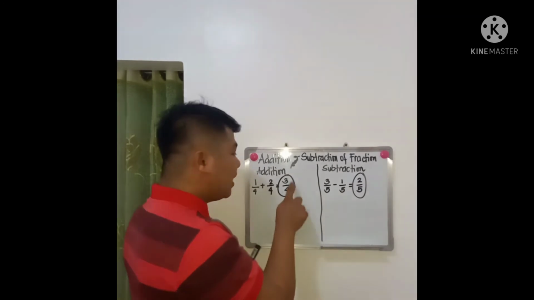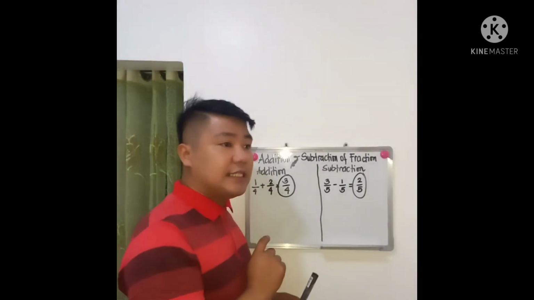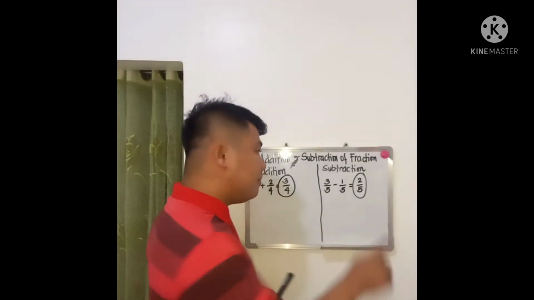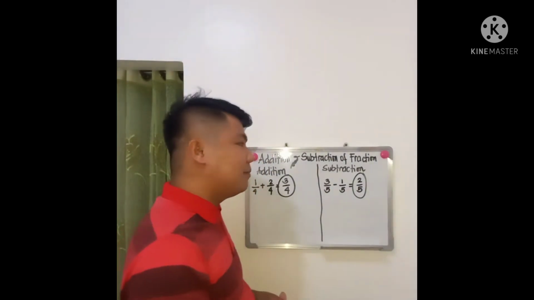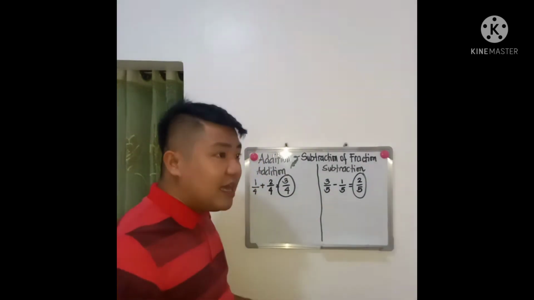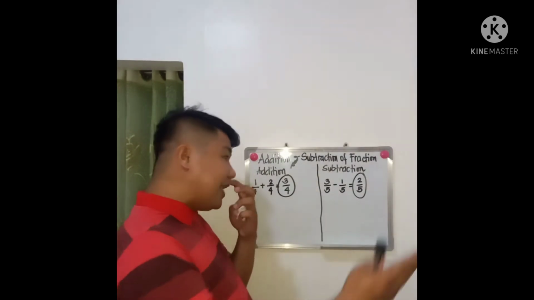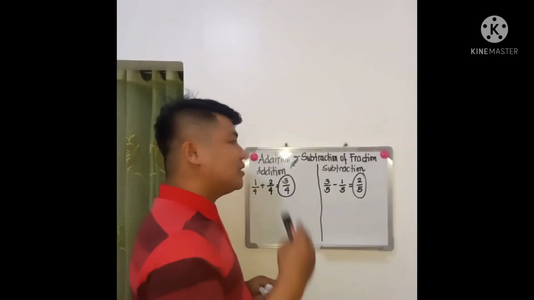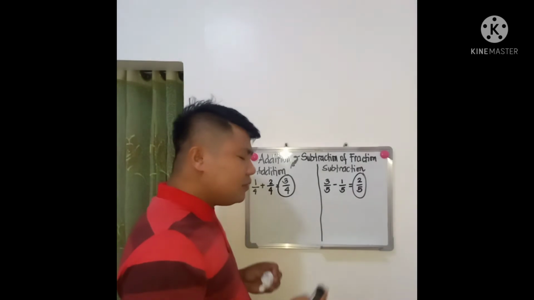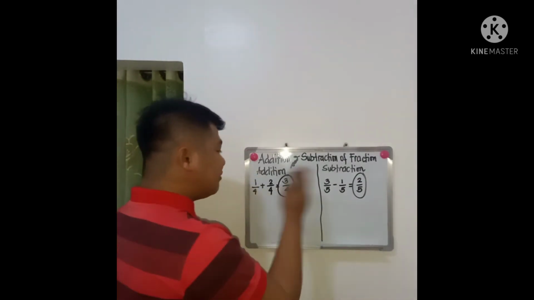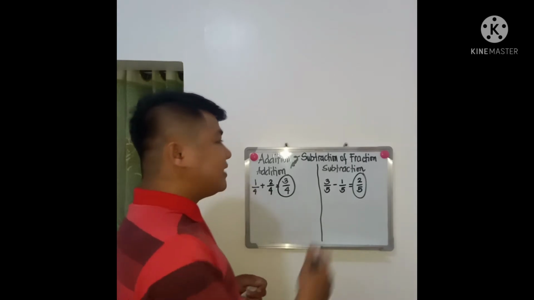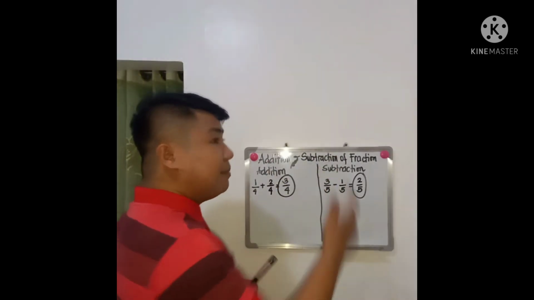So, in this case, 3/4 is already in the simplest form or lowest term, and 2/5 is also in the simplest or lowest form. So, make sure na talagang the final answer would be in the lowest term. Okay, that is for addition and subtraction of similar fractions.